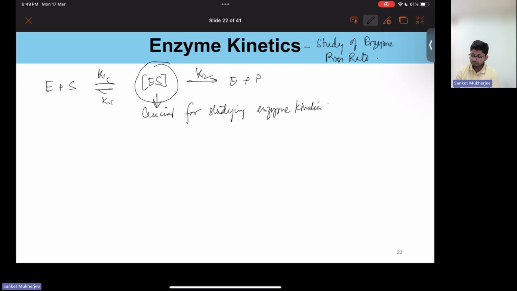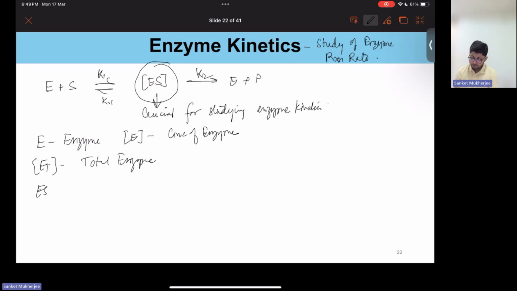If we look at each and every symbol here, E is for enzyme, whereas if it is in the bracket, it is the concentration of enzyme. Similarly, if we write ET, it is the total enzyme, usually always in a bracket. ES is enzyme substrate complex. We already know that.